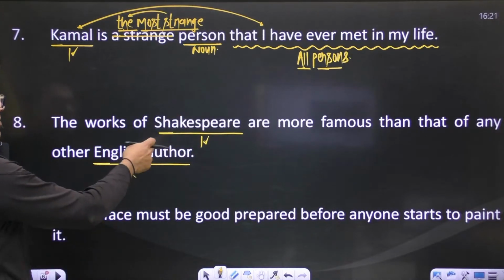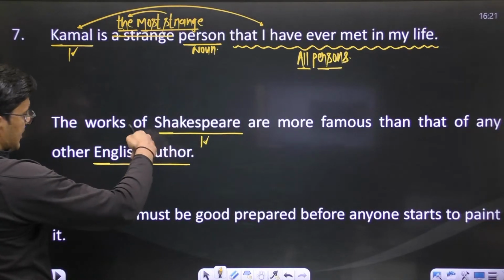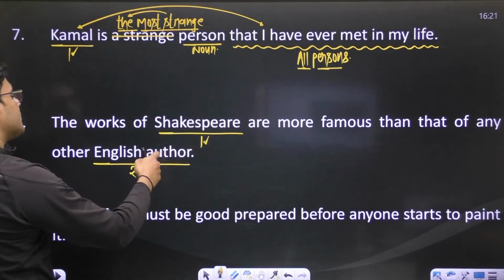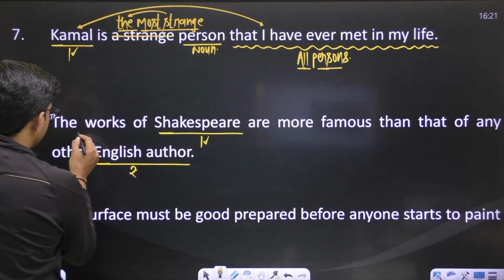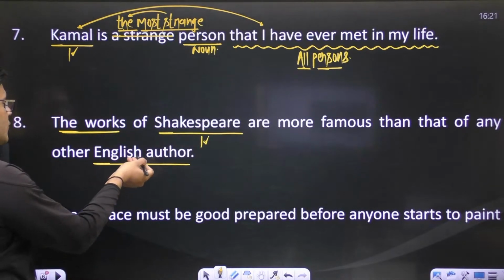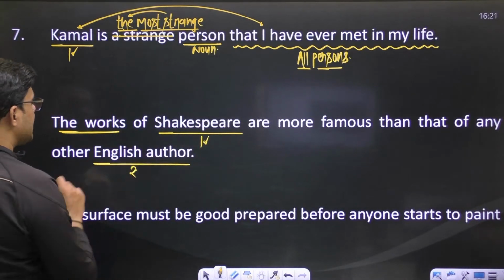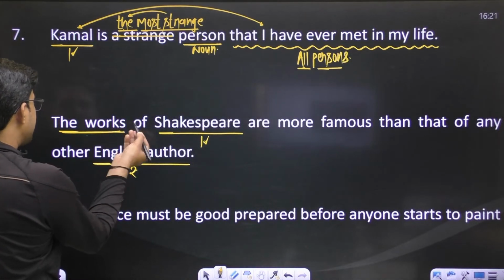So there is comparison between two, right? But here there is no comparison between two different authors. Actually, the comparison is between the works of Shakespeare with the works of any other English author. So the comparison is between the works or literary acts.